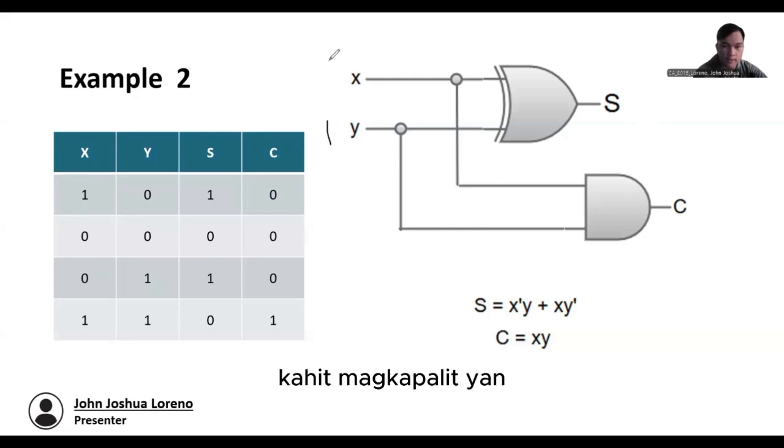Kahit magkapalit yan, magiging 1 pa rin si sum tapos 0 si carry. Dito naman sa second row, wala silang 1 kahit isa. So magiging output nila ay pares lang din na 0.